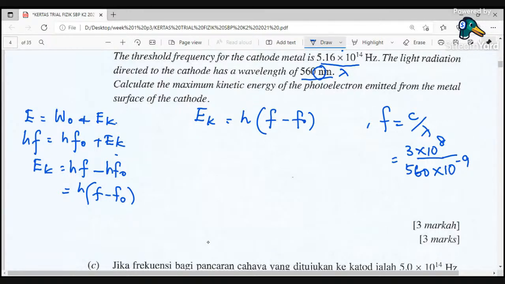So it becomes h, the Planck constant, 6.63 times 10 to the power negative 34, times 3 times 10 to the power 8 over 560 times 10 to the power negative 9.